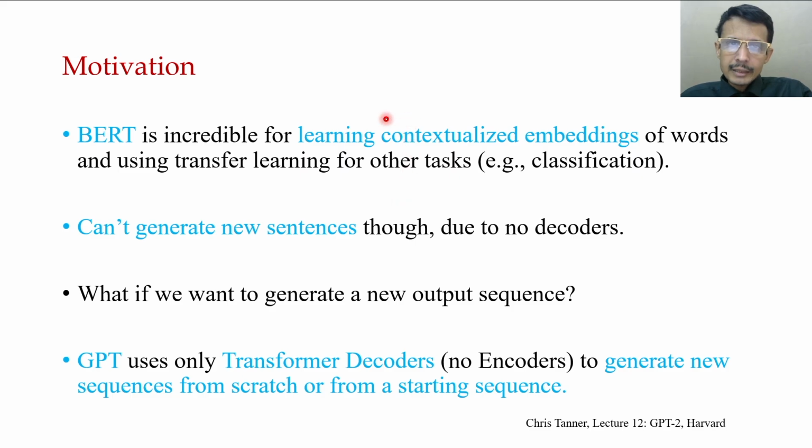Now, although it is very efficient for learning these contextualized embeddings, it in general can't generate new sentences because it has no decoder part. It is an encoder only model. Now, if we consider a situation where we want to generate a new output sequence, then BERT may not be a very good choice.